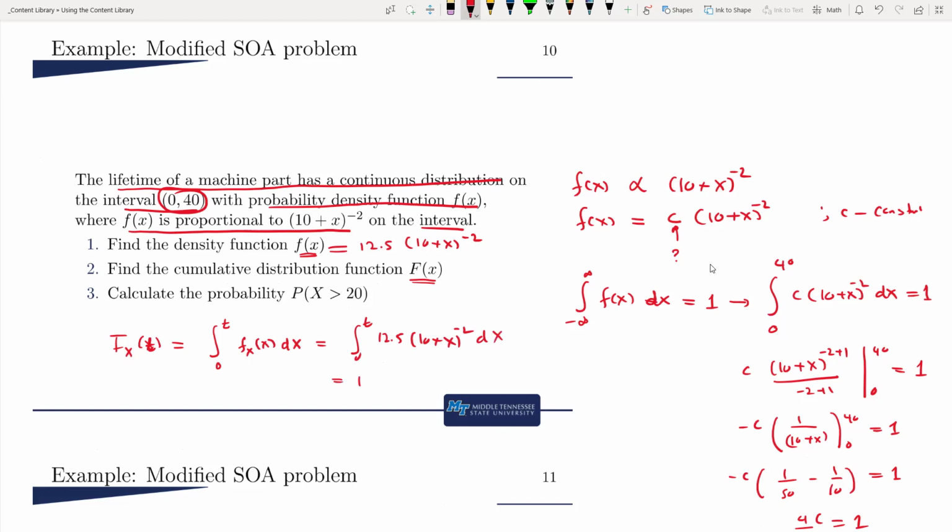And when we integrate, this would be 12.5. I'm just going to use the result here. So it would be basically 1 over (10 plus x) from 0 to t, which would end up as 1 over (10 plus t) minus 1 over 10.